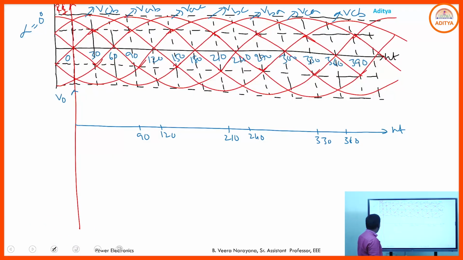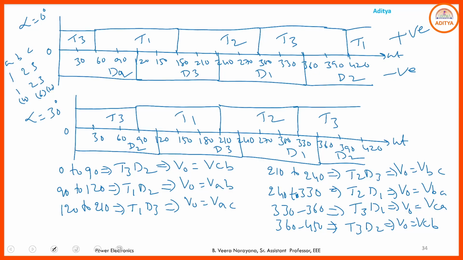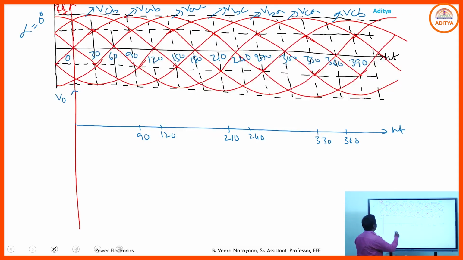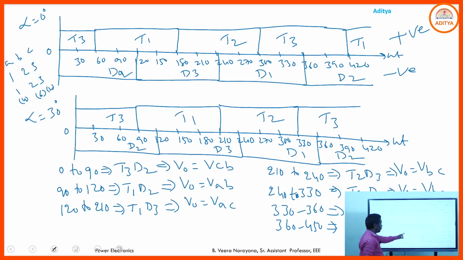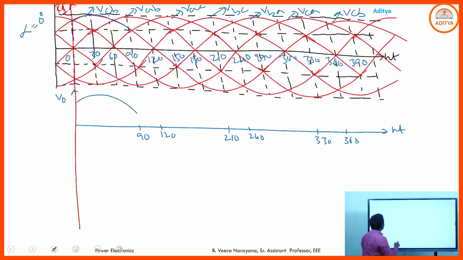From 0 to 90, what is the output voltage? VCB. 0 to 90, you just follow the VCB. 90 to 120, what is the output voltage? VAB. So 90 to 120, you follow the VAB curve, like this.